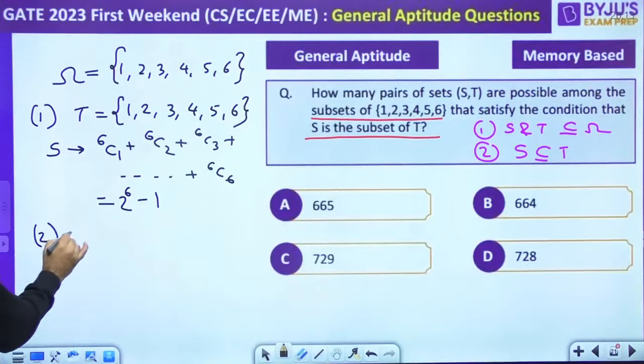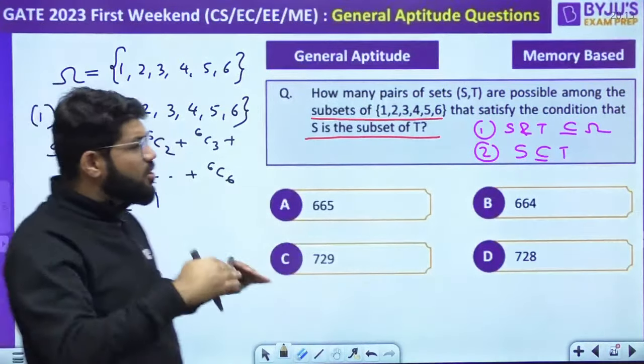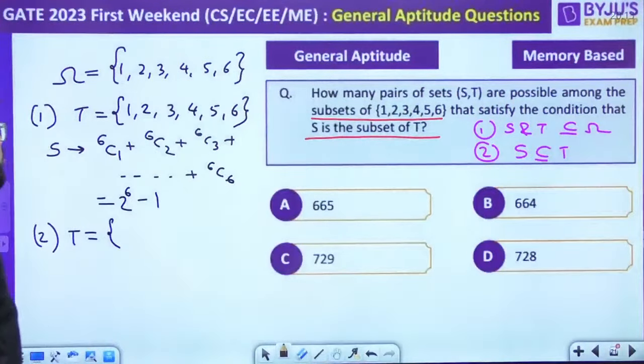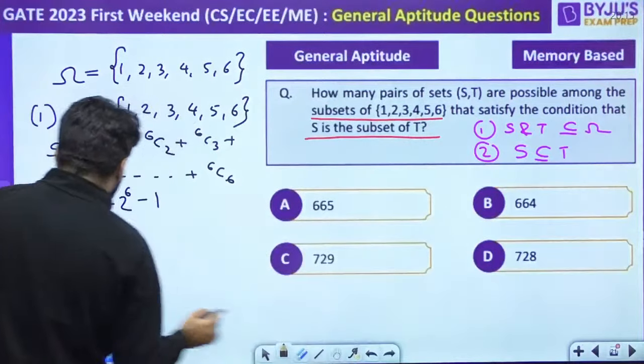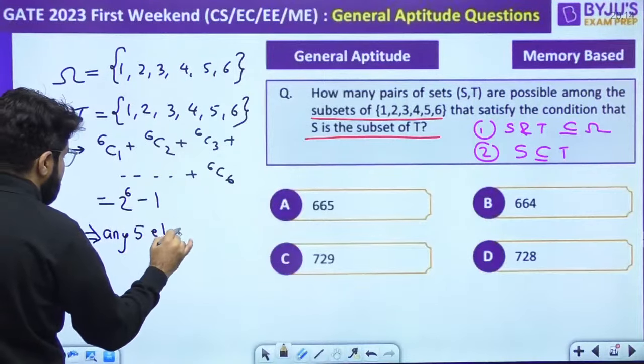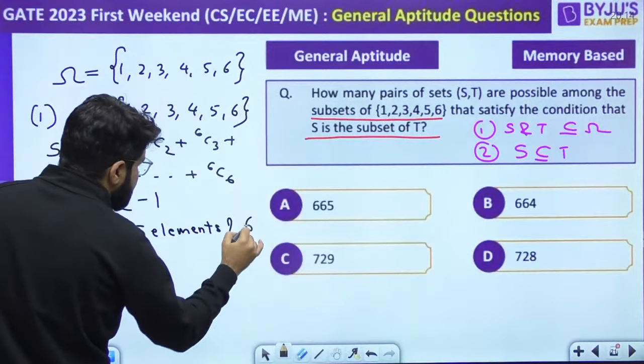Let's talk about case number 2, where T can be what? The next case is T is also a subset. So start reducing T. So T can contain any 5 out of 6. What can be in T? Any 5 elements out of 6, right?